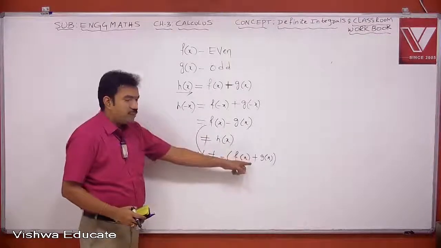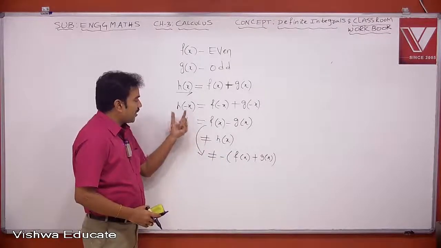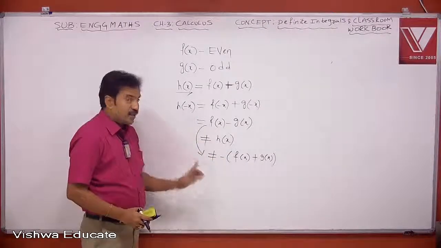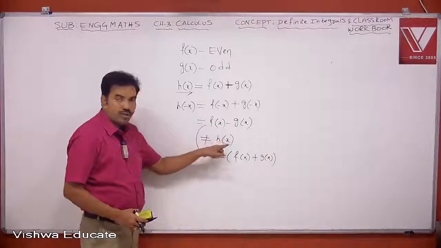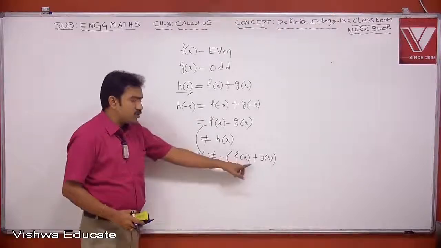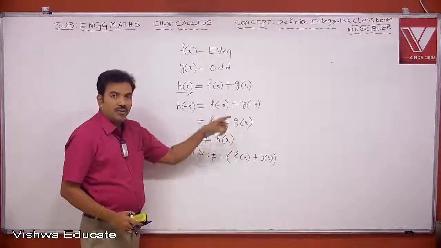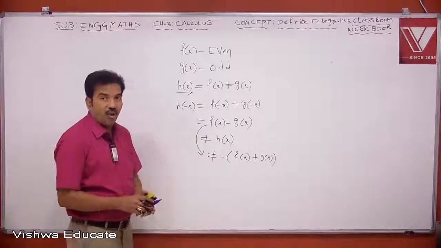If it is a minus of h of x, we call it an odd function. But unfortunately, in this case, it is behaving very differently. h of minus x is not equal to h of x, and h of minus x is not equal to minus of h of x. Therefore, when you add an even function with an odd function, the result is neither even nor odd.